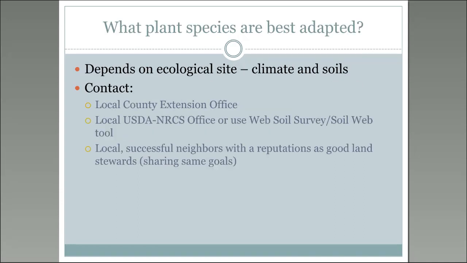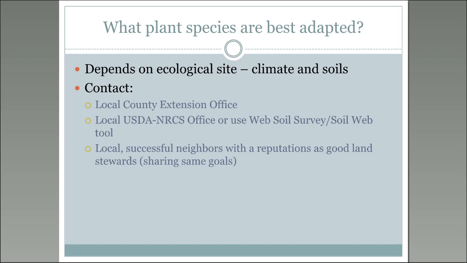So what plant species are best adapted? Well, that depends on your ecological site. That's the climate and the soils together of what might do well on your property. A few things you could do is contact your local county extension office. A lot of times they have resources, or they can direct you to us, that could get you resources on what would be best to plant depending on your soils and where you are.